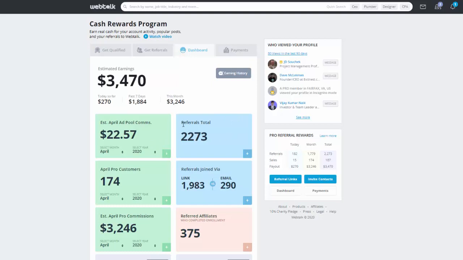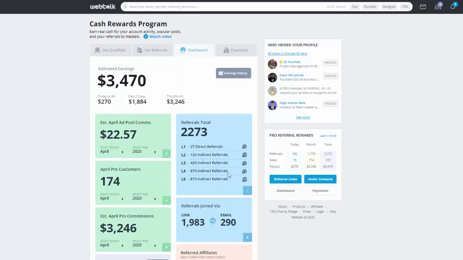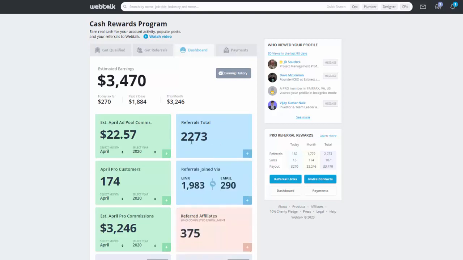Now, this number over here, the referral total, this is the number of people within my 5 levels of compensation. So the majority of these are free users. They have their social accounts and represent just a little bit of income. But the power in this is that there's been a lot of upgrades, and upgrades give you networking tools for you to be able to connect with people on a more targeted basis.